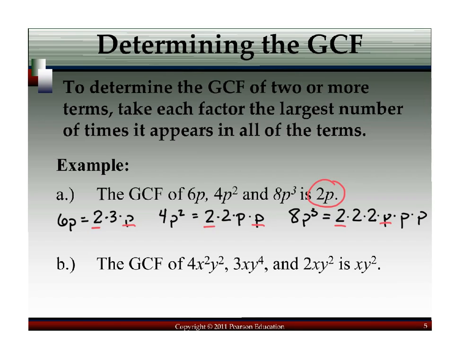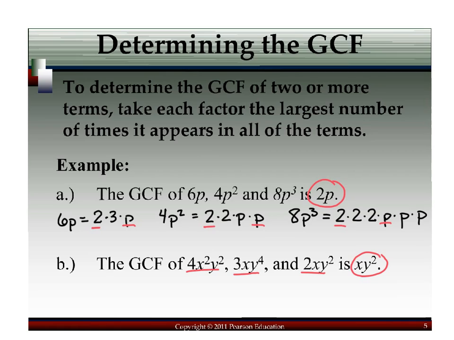Let's do the same thing with this. The greatest common factor between all three of these terms is xy squared. Because of the 4, 3, and 2, there's nothing in common with those three numbers. There are no factors in common, so there's no number that's going to go in front of xy squared.